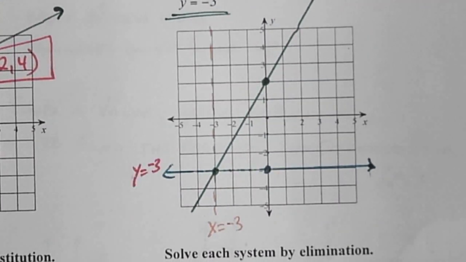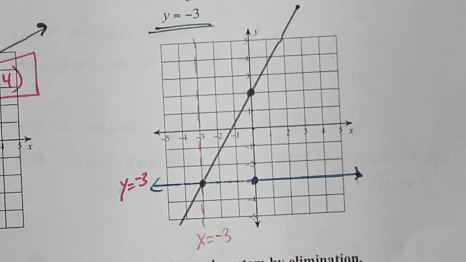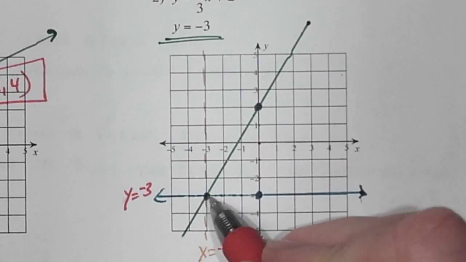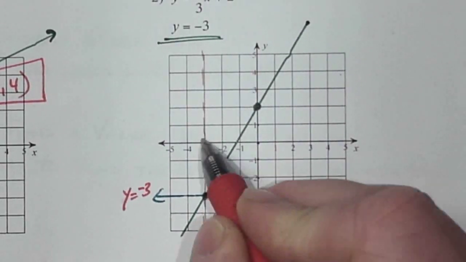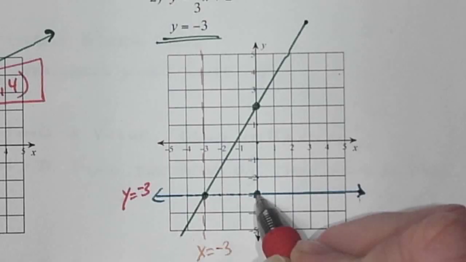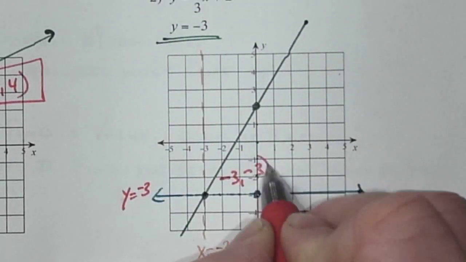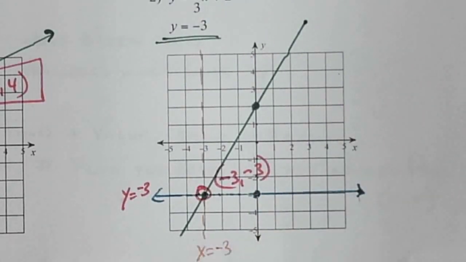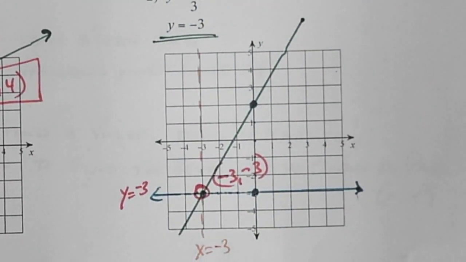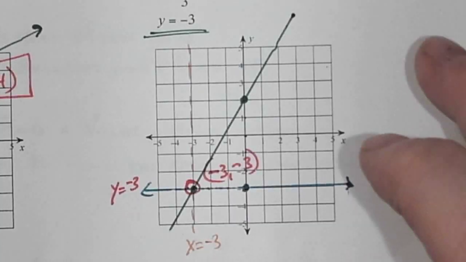So x equals -3 goes through the x-axis at -3. Y equals -3 goes through the y-axis at -3. But the solution is this point here on either case, -3, -3. The solution is right here where it crosses. Just so happens to be the same for both.